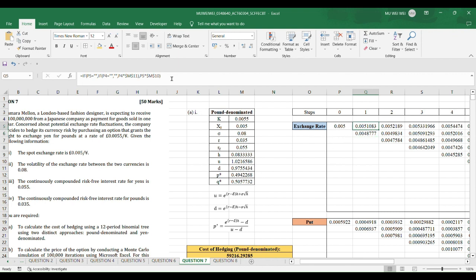But looking at this formula, first we look at the cell in front of it. If this cell is empty, we will look at the cell above it. And if this cell is also empty, then it will return an empty cell.